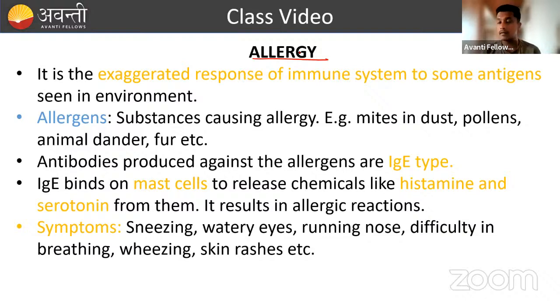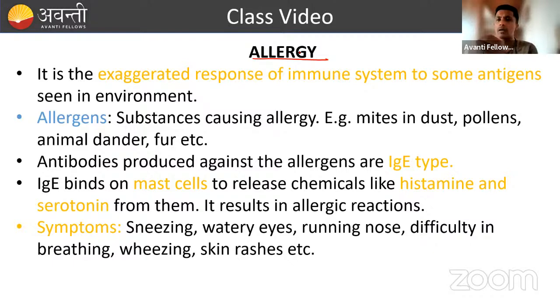Whenever our immune system exaggerates for some antigens, it might be dust particles. Sometimes you might have had outside food and get severe rashes on your skin, or it might be the dust from the street or pollen grains that have entered your nasal cavity.